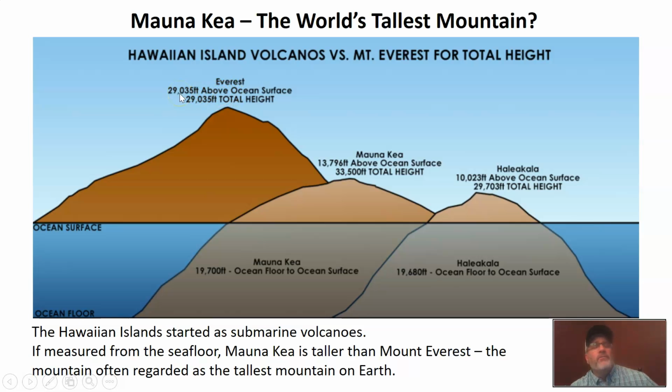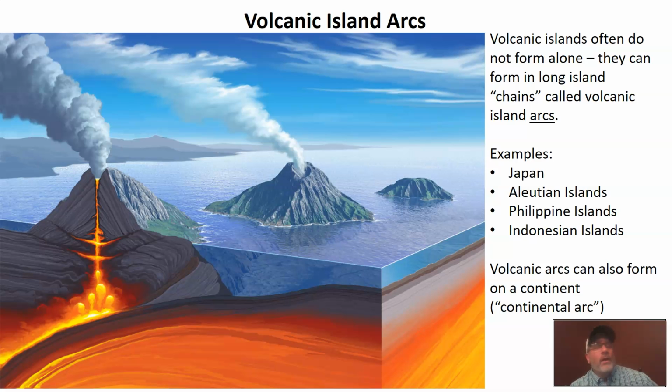Notice, though, that from the top of the crust, Mount Everest is only about 29,000 feet tall. So truly, a very good argument could be made that some of these volcanic islands and some of these volcanoes that rise up off the seafloor are really the tallest mountains on Earth.